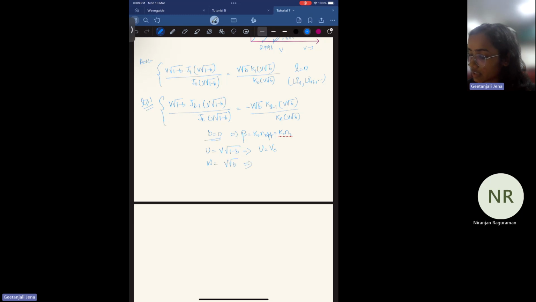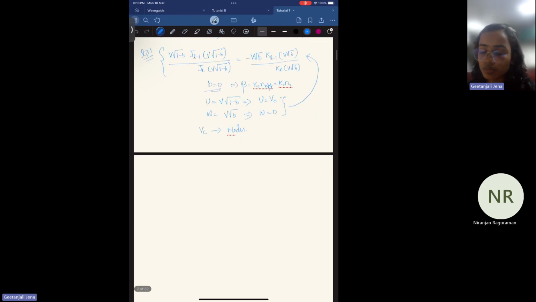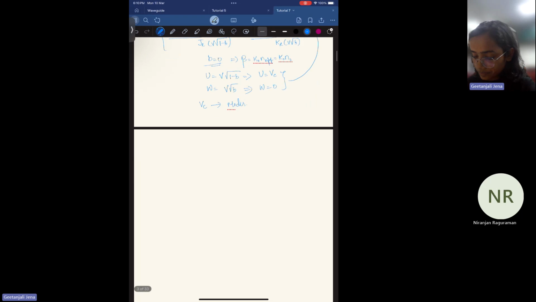That means at cutoff b is 0, so w should be 0. By using this formulation in the transcendental equation, you can easily get the values of V cutoff for different types of modes. Different modes will have different values of V for the cutoff condition.